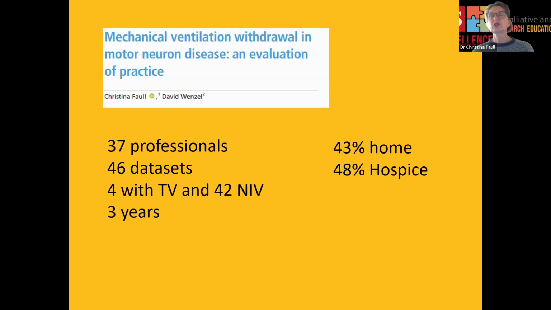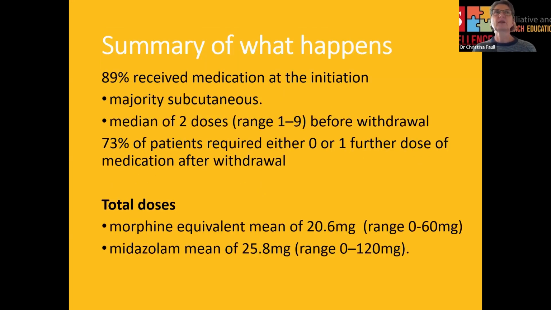We have published on a minimum data set that we asked people to submit after they'd undertaken withdrawal using this guidance. So we have 46 data sets, 4 with tracheostomy and 42 with NIV over 3 years, half and half happening at home and in a hospice, more or less.